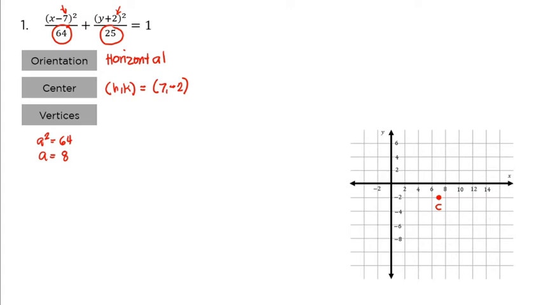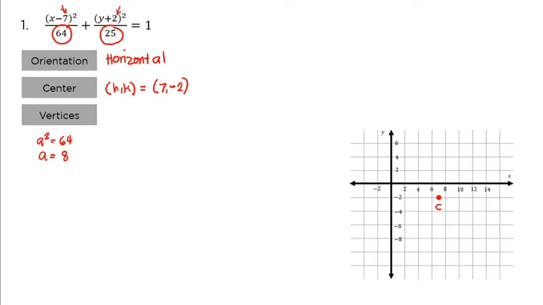In this case, since the ellipse here is horizontal, the vertices are 8 units to the left and to the right of the center. So, ang nag-change dito, since to the left and to the right siya, yung mga x coordinates lang. So, we will add or subtract a sa x-coordinate ng center.